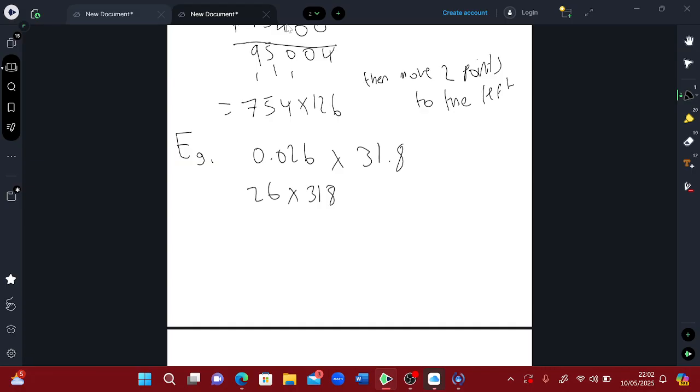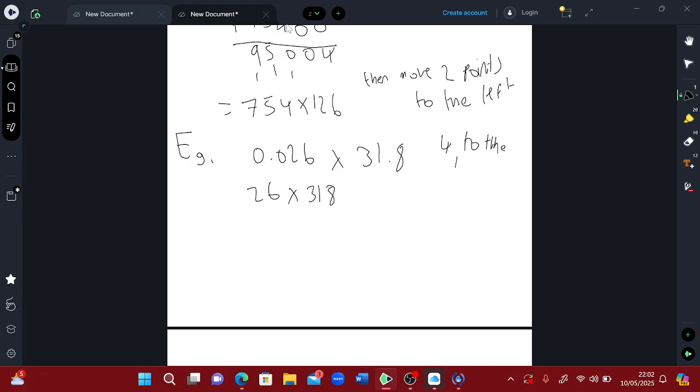So notice here, we have moved the decimal point from 26 to 0.26. 1, 2, 3 to the left. And likewise with here, we moved 1 to the left. So 3 to the left and another 1 to the left is now 4 to the left.